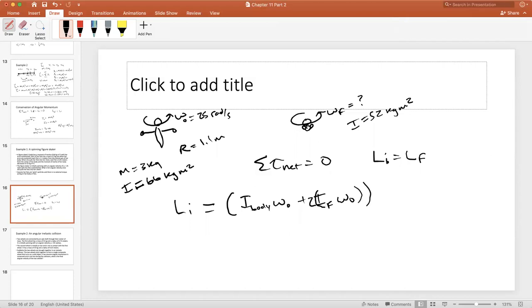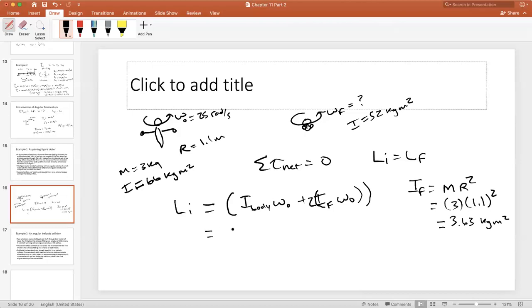Okay. What is I of her fist? Well, if we treat them as point particles, it's the mass times the radius squared. And each fist is 3 kilograms, and the radius is 1.1. So this gives us 3.63 kilogram meters squared.